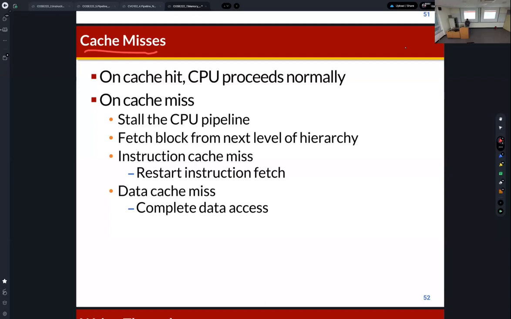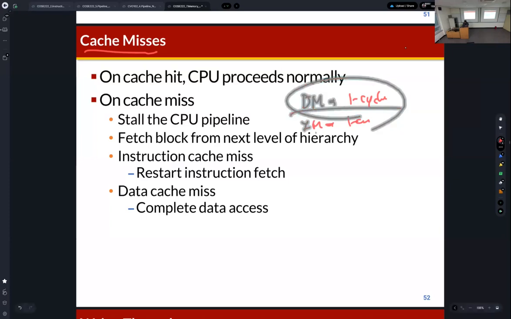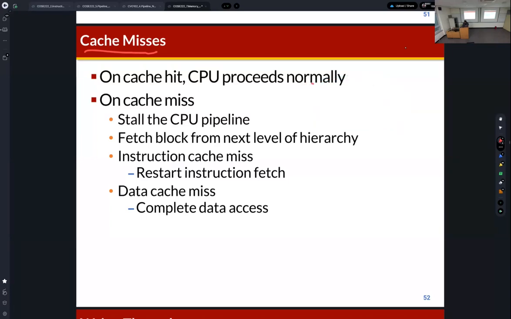So in chapter 4, the data memory takes only one cycle, and the instruction memory also takes only one cycle. That is the hit case, where the data is found in the cache. So we also need to consider the miss case in the L1 instruction cache or L1 data cache.